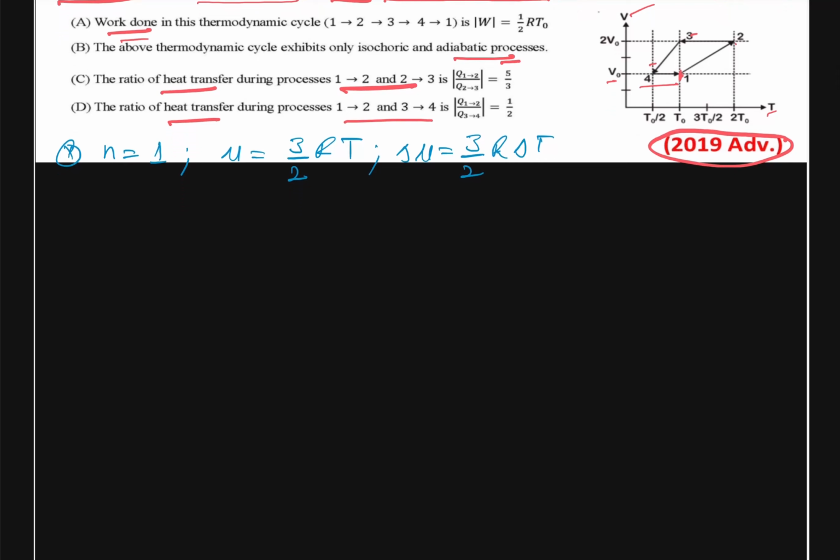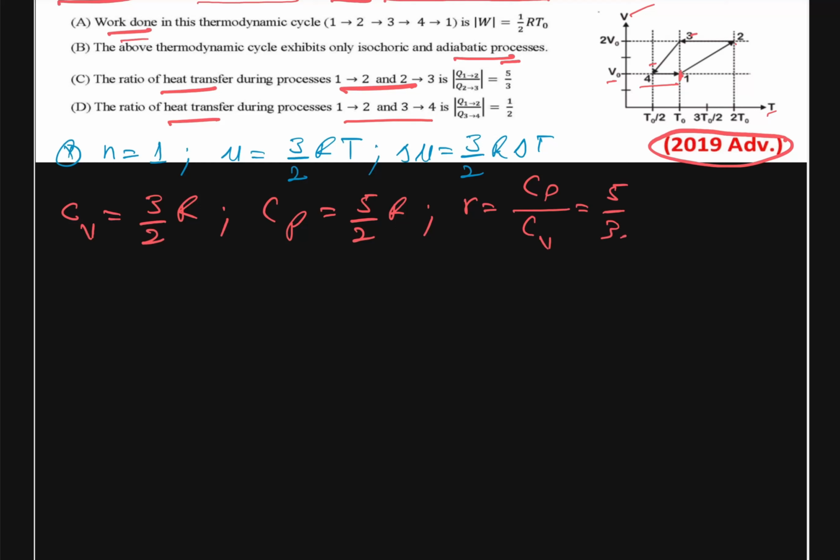So C_V is equal to 3/2 times R, and C_P is equal to 5/2 times R, and we have the adiabatic index, that is gamma, which is the ratio of C_P and C_V, equal to 5/3.